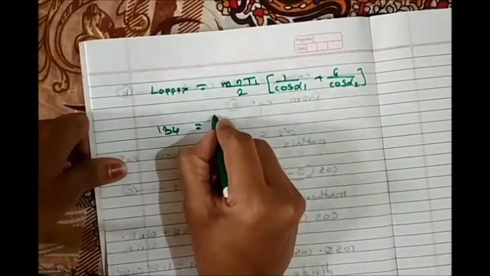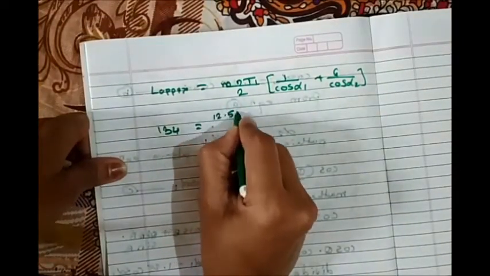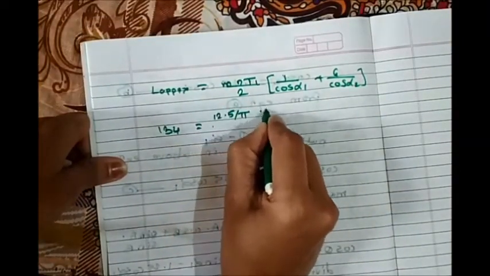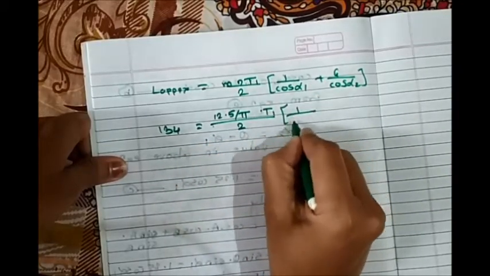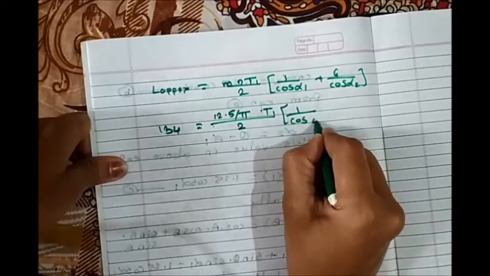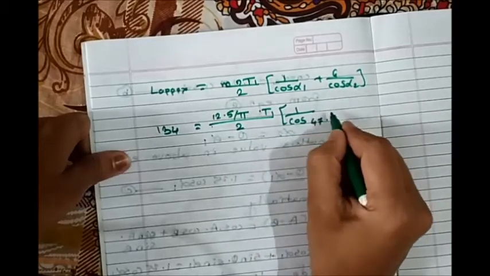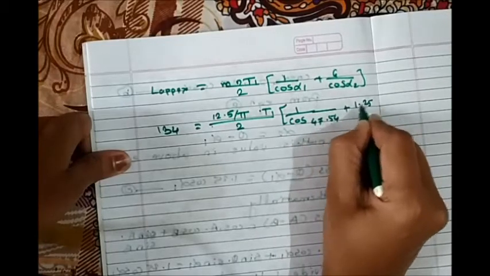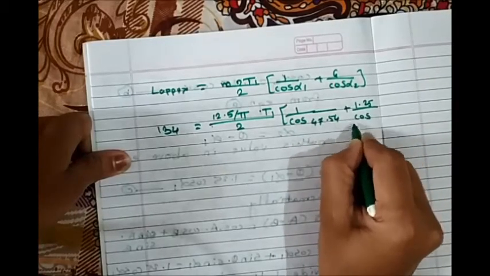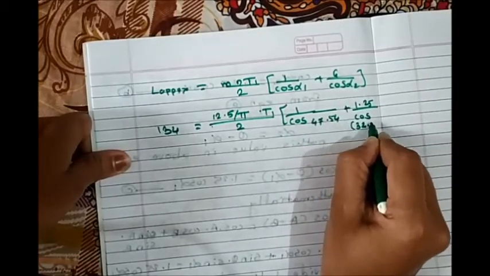So I'm going to write here directly 12.5 divided by pi into t1 divided by 2, 1 upon cos of alpha 1, which is 47.54, plus g, which is 1.25, divided by cos of alpha 2, which is 32.45.